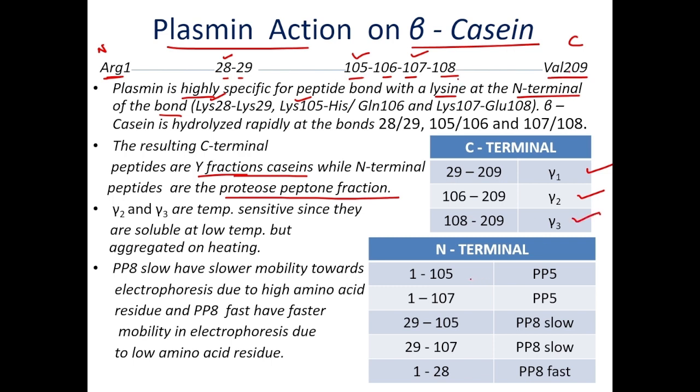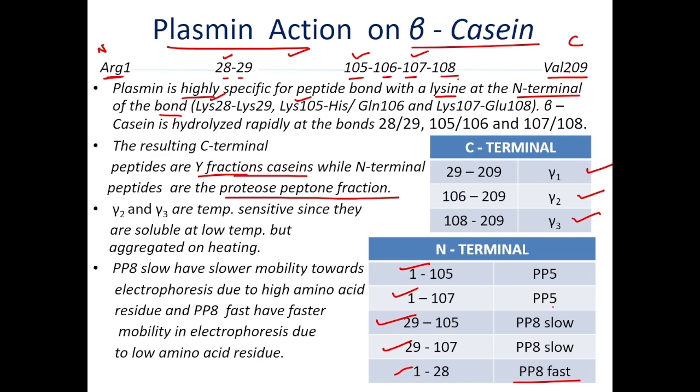The N-terminal peptides are called the proteose peptide fractions. 1 to 105 is pp5, 1 to 107 is pp5, 29 to 105 is pp8 slow, and 29 to 107 is also pp8 slow, and 1 to 28 is called pp8 fast.